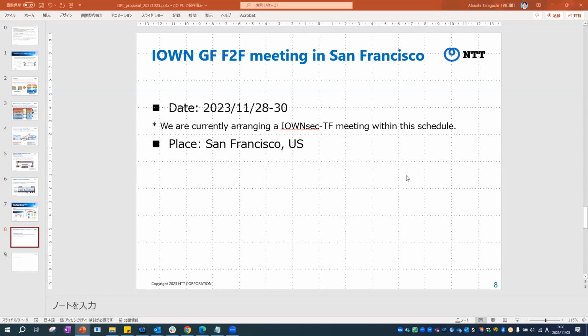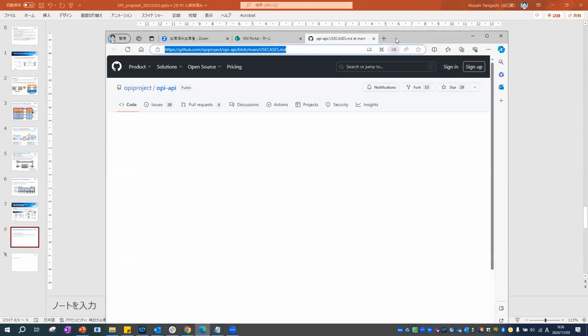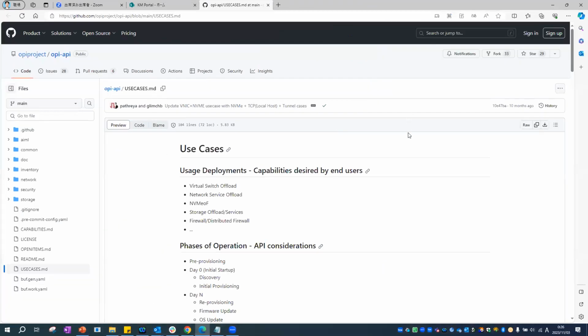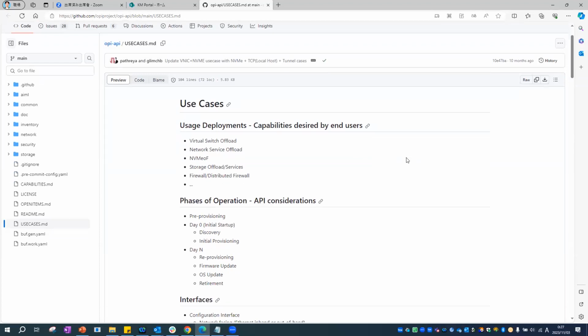They are now working on the UPF use case, and they found that the OPI API link is still not there around the UPF use case. Do you have any plan to update this site, or shall I at NTT NS Laboratory contribute to update the use case as an individual contributor? I would go ahead and update it as an individual contributor. Just go ahead and open a PR, because we want to add use cases as we move forward.